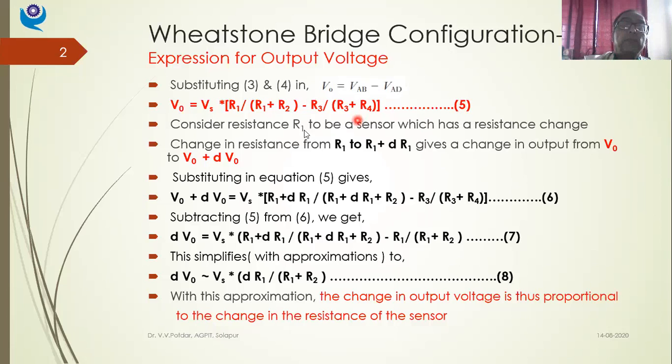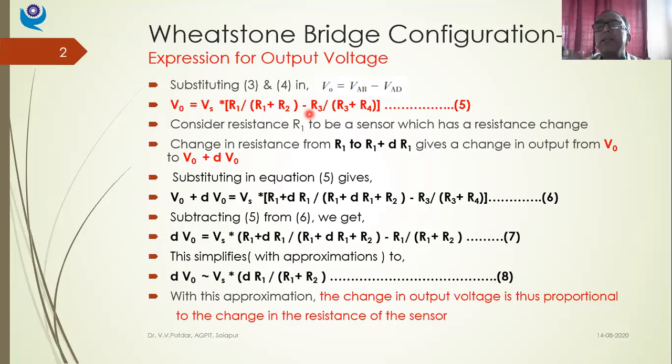So now this is the equation for output voltage. Now let us see, when I change resistance R1 by dR1, what does it mean? Originally the resistance was R1. After subjecting it to strain or some temperature change, this resistance will change from R1 to R1 plus dR1. What is dR1? dR1 is a small change.